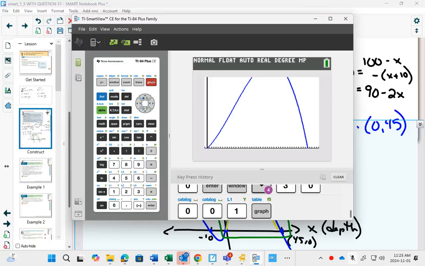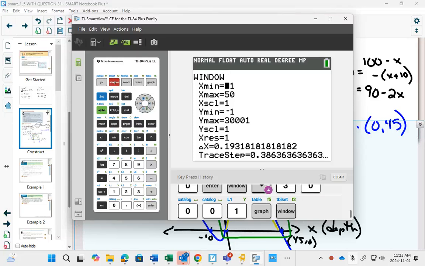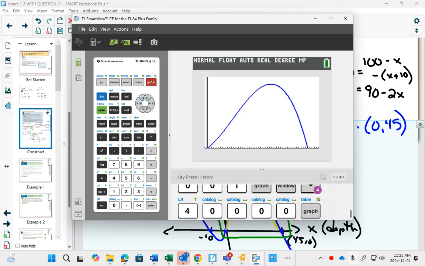So based on this, if this is 30,000, looks like I should go up higher. I go back to my window, and maybe 40,000 would be enough. I hit graph again. Yes. And now I have this maximum. Other things that you can use to find your maximum and find your window.